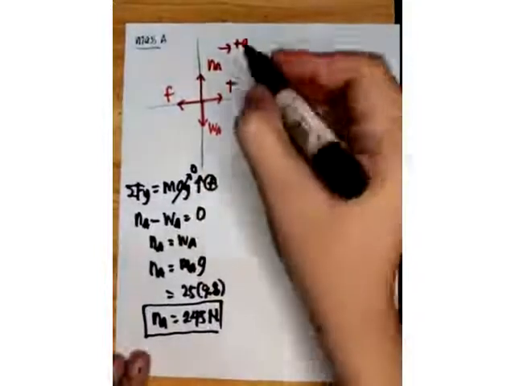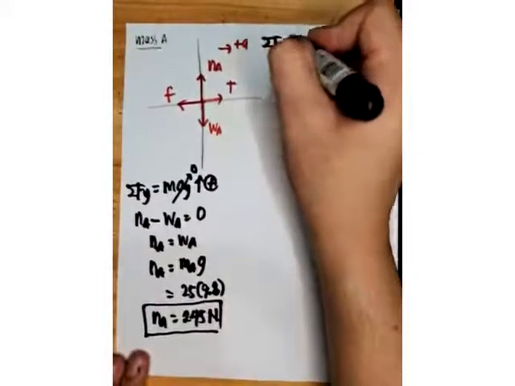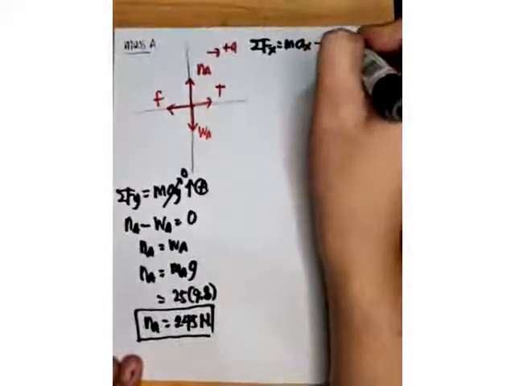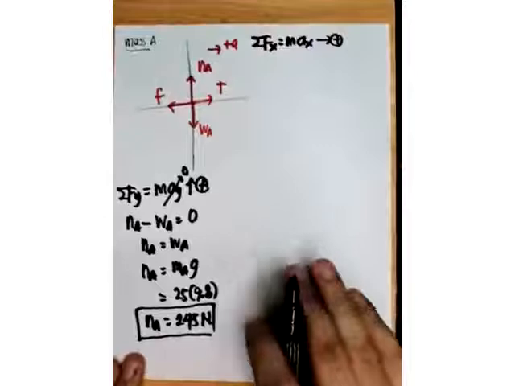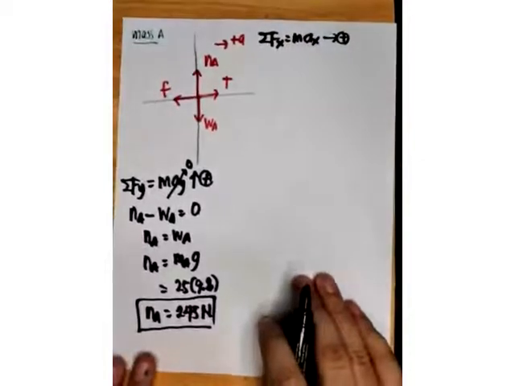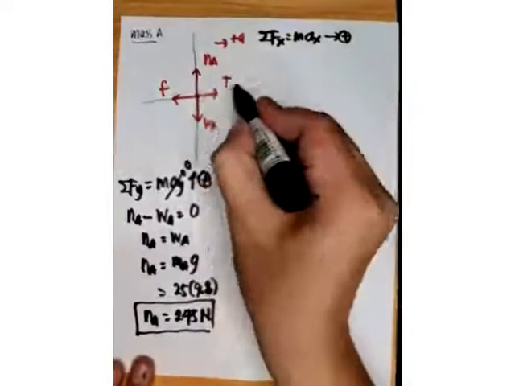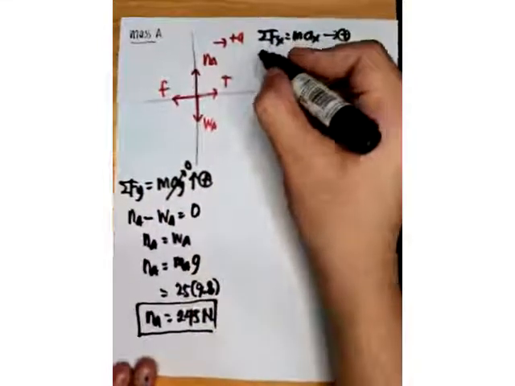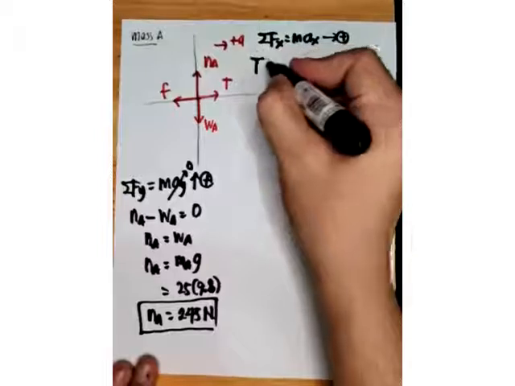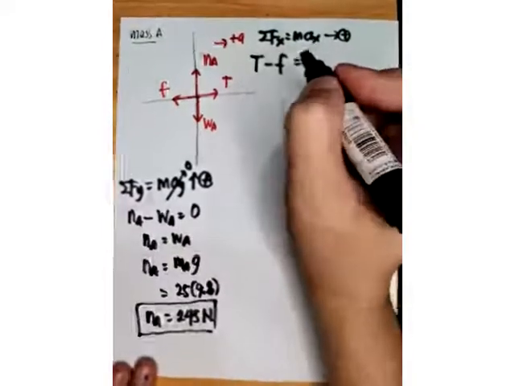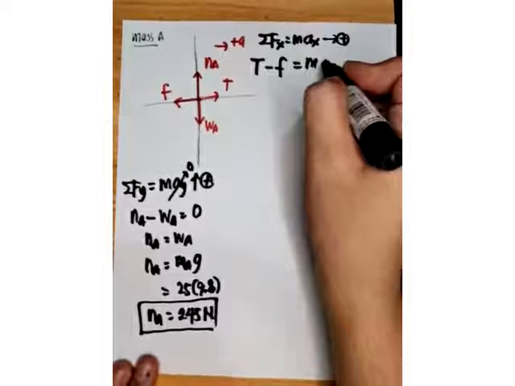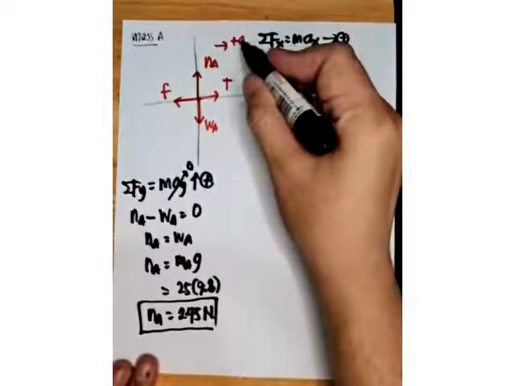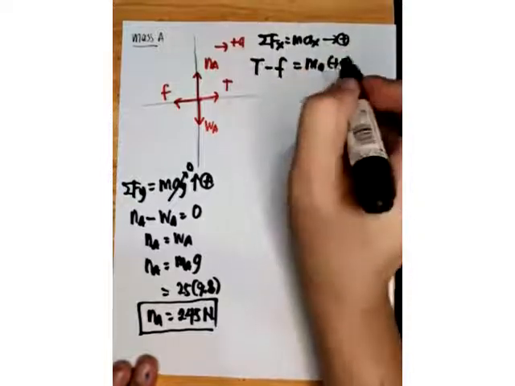Now let's proceed to the summation of forces along X is equal to mA_x. Anything going to the right will be positive, otherwise negative. How many forces do we have along X? We only have the tension and the frictional force. Tension is to the right, so that's positive, and the frictional force is negative. That is equal to mass A times positive a, because A is moving to the right.